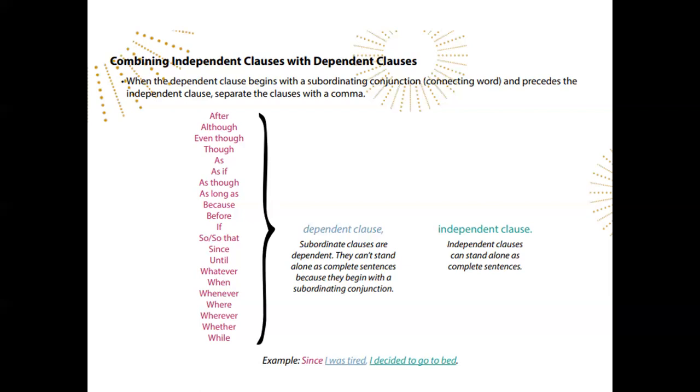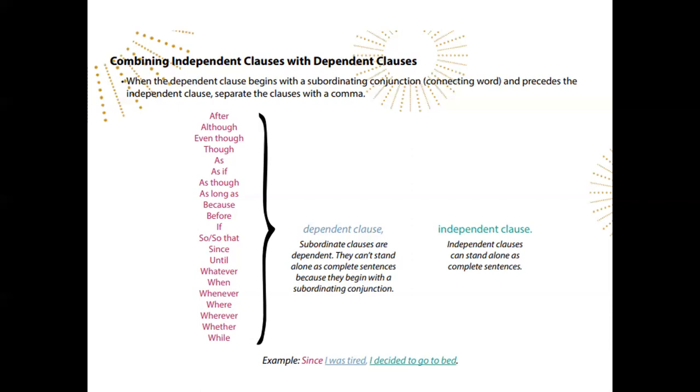Since plus dependent clause, so after sa dependent clause is comma, then i-enclose na nato siya, since I was tired, so mahimo na siya clause with the connecting word, isa na siya ka-clause, then plus independent clause dayon na I decided to go to bed early. Ana siya. Okay?